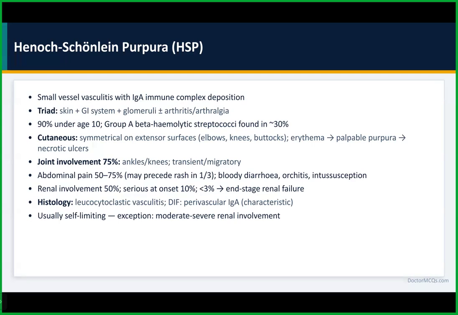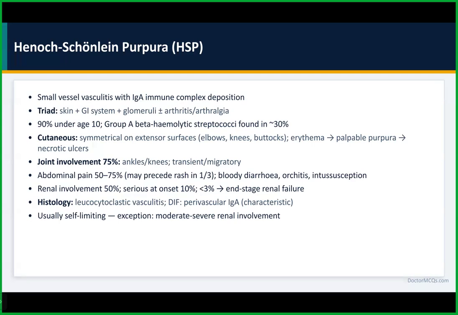A very common condition, everyone is aware of it, is IgA immune complex deposition purpura. It's also a small vessel vasculitis, one of the very common ones. The patient presents with more than just the skin. In fact, it will include the GI system, the renals, and the joints. So the triad or tetrad, you can say, skin, GI, and renal is definitely involved, but joints might or might not be involved.